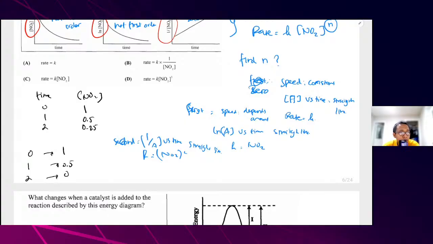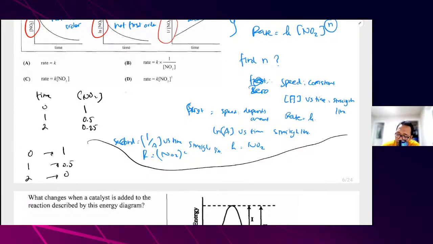Now let's take a look at if we have first order.